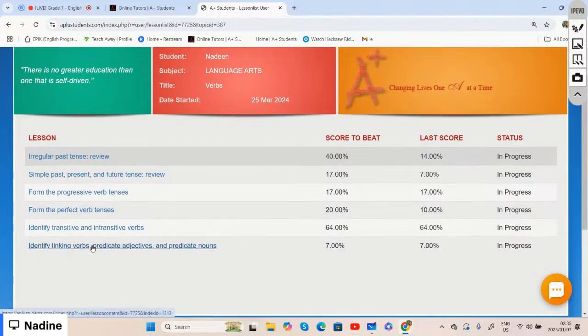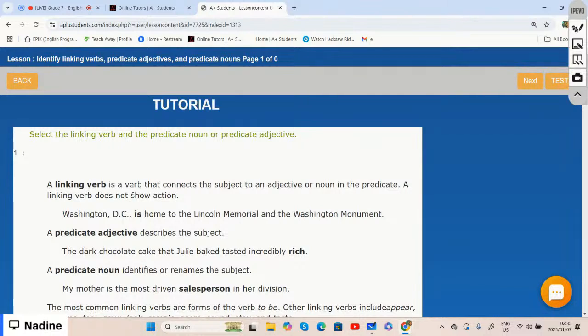And we're going to identify linking verbs, predicate adjectives, as well as predicate nouns. And a linking verb, right?